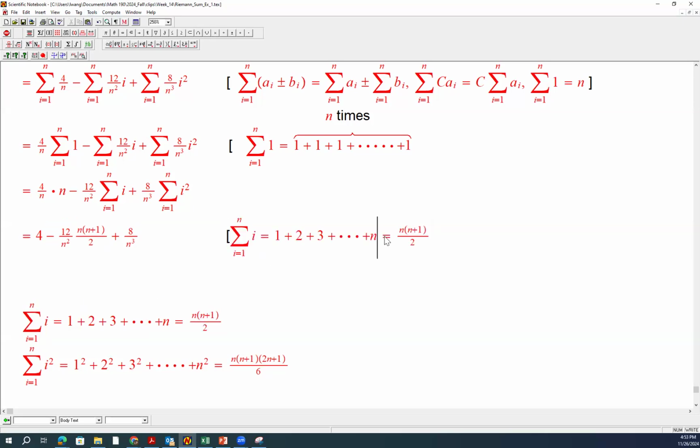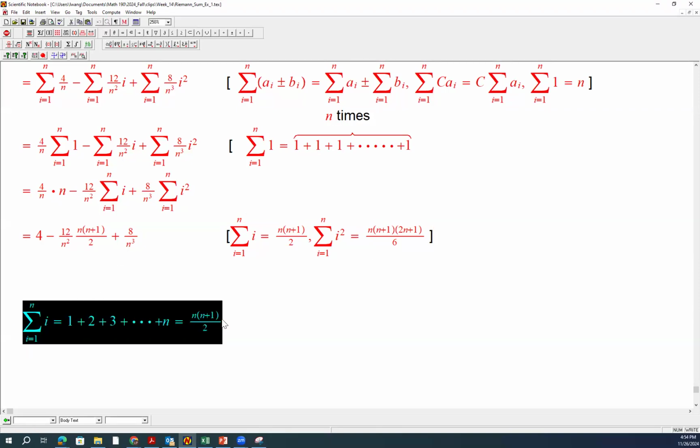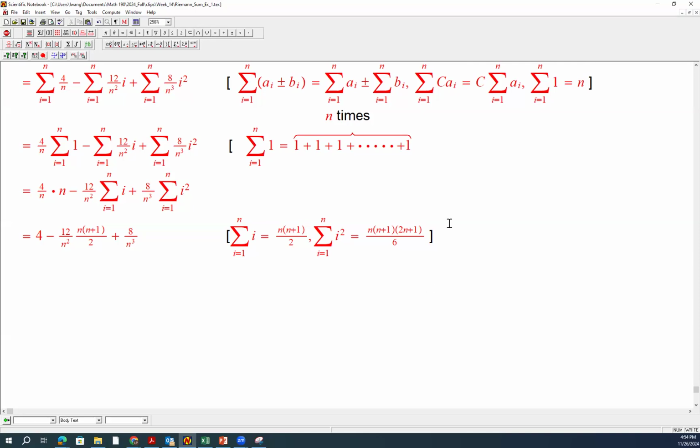I'm going to remove these though, otherwise there's just not enough space. So these formulas, when you need them, you can use them. You don't need to memorize them, okay?